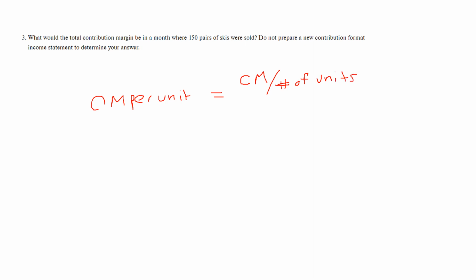Now we're looking for our total contribution margin for 150 units. So we can rearrange it so that our total contribution margin is going to equal our contribution margin per unit multiplied by our number of units.